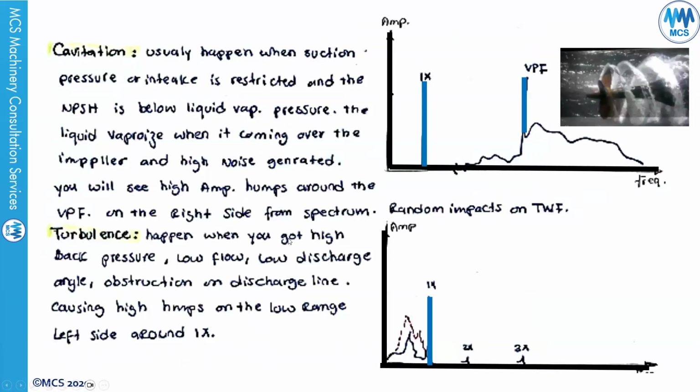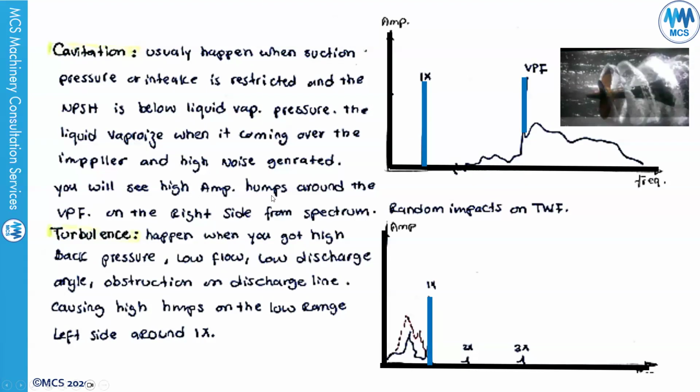We have two main flow faults that happen on pumps, which are cavitation and turbulence. Cavitation usually happens when the suction pressure or the intake is restricted, and the net positive suction head is below the liquid vaporization pressure. The liquid vaporizes when it comes over the impeller, and high noise will be generated.